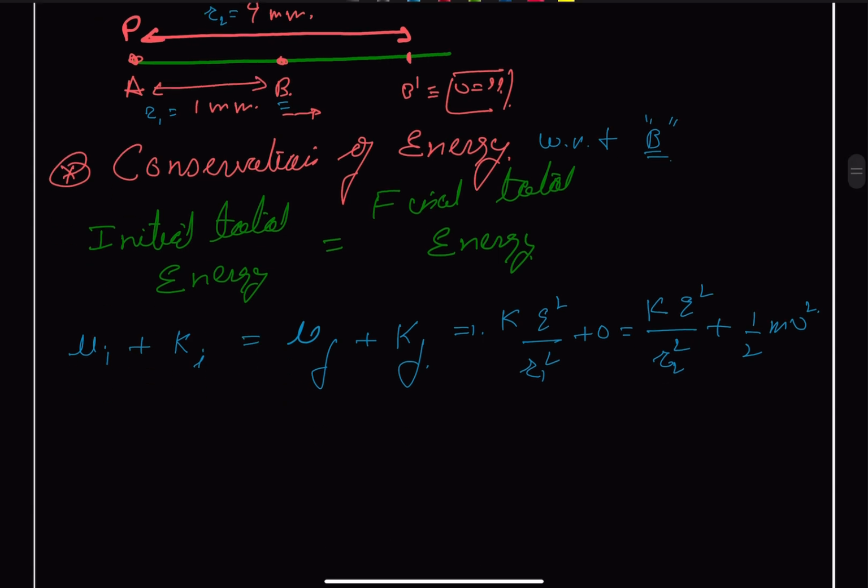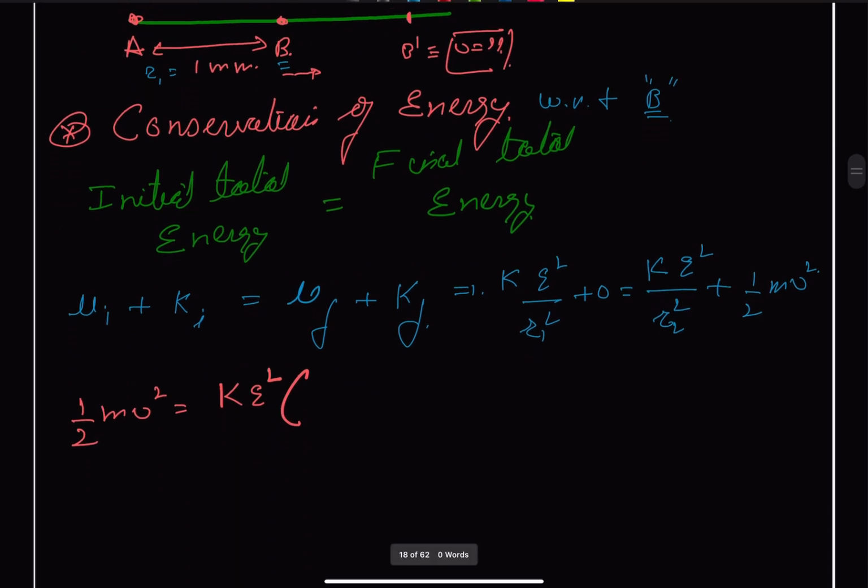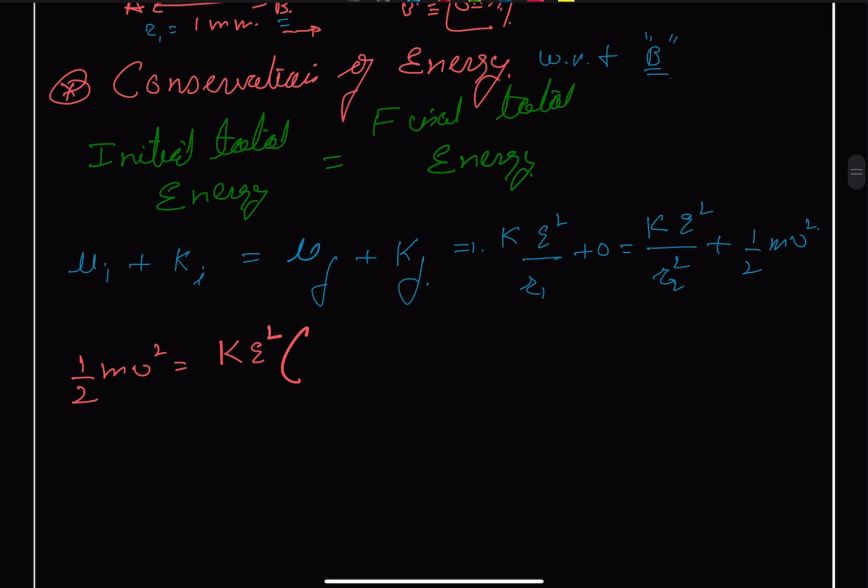So from here we can write that half mv square will be equal to kq square, we can take as common, and one second, energy is not r square but is r. So this comes as 1 upon r1 minus 1 upon r2.